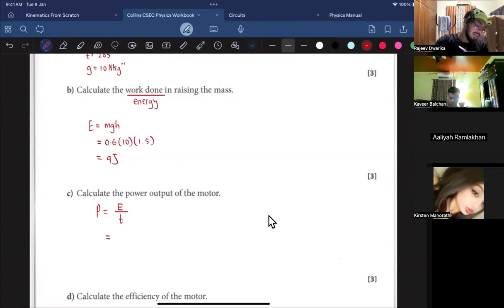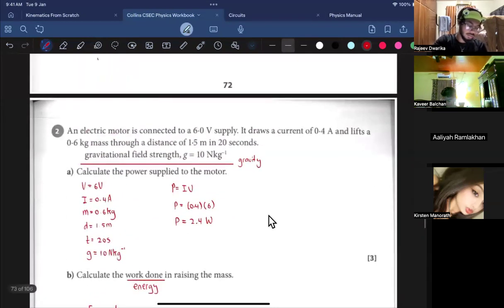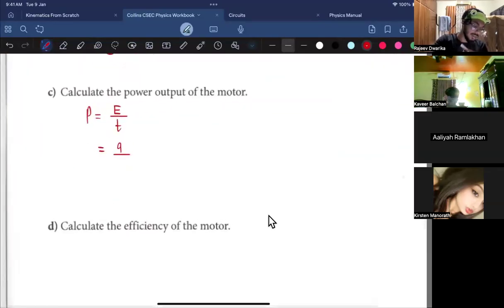So the energy we need to lift the mass is 9 joules, and the time it takes to lift the mass is how much? 20 seconds. So how much power do we actually need to lift the mass?